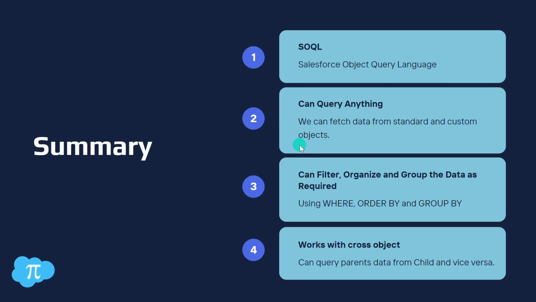We can query anything, may it be a custom or a standard object, and custom fields. We can also query for the user object, which we can't do in the reports or data loader. Then we can filter, organize, and group the data as required. And the last one is that we can use it with cross objects.